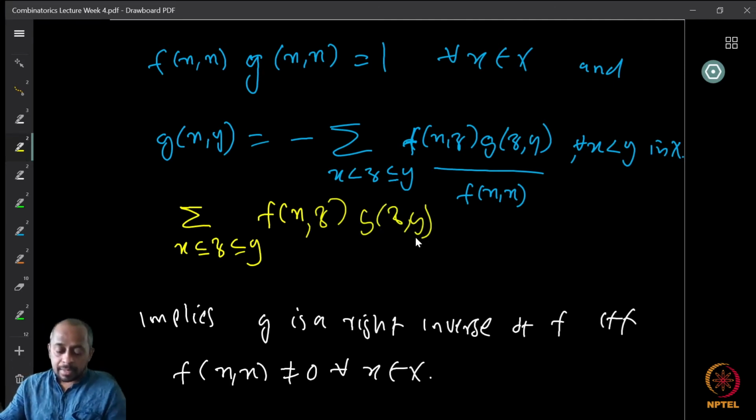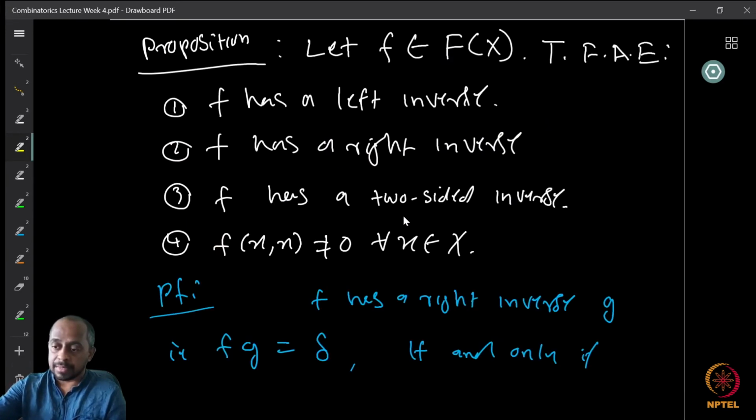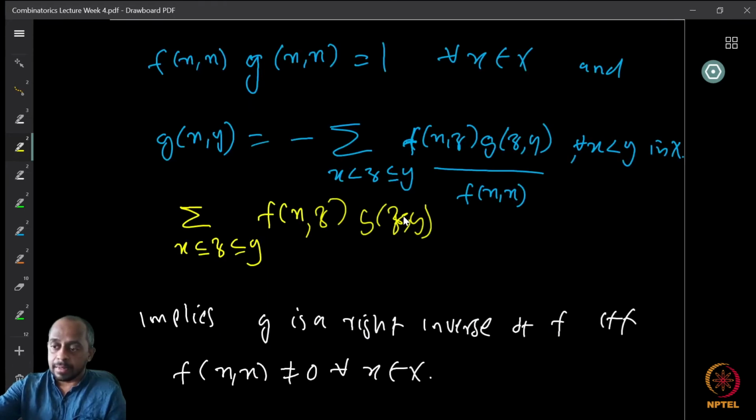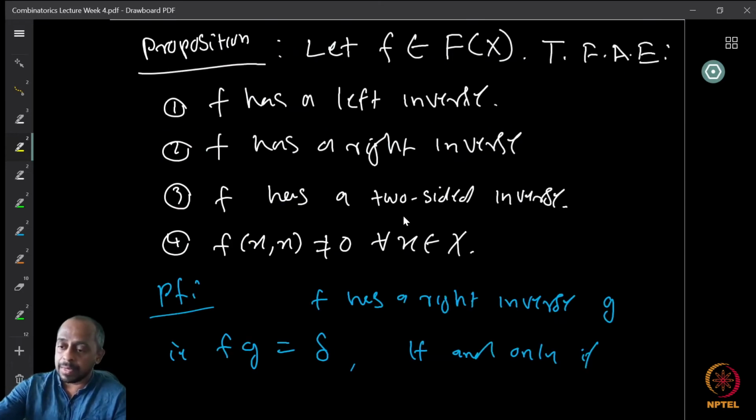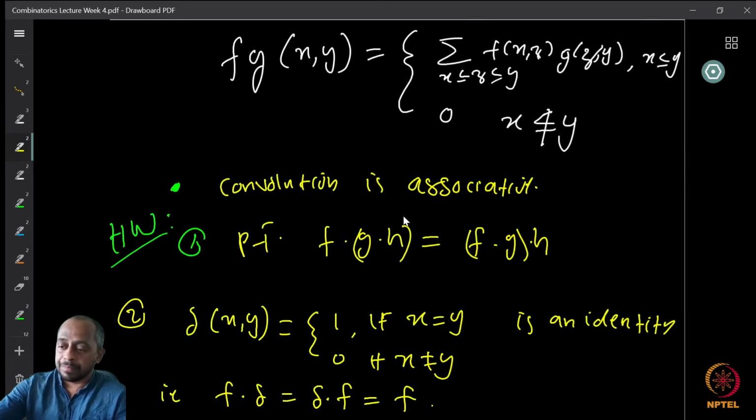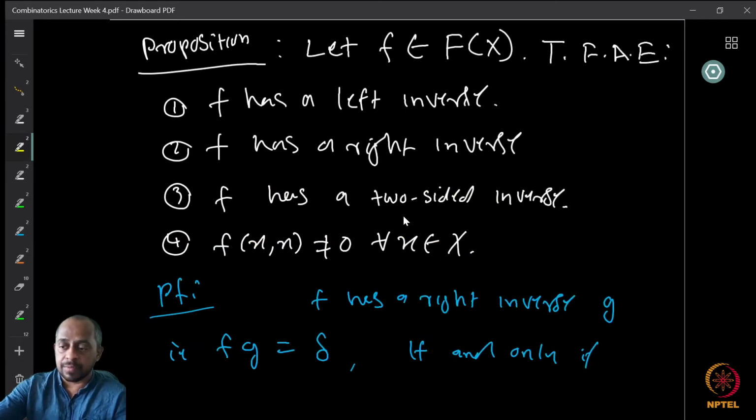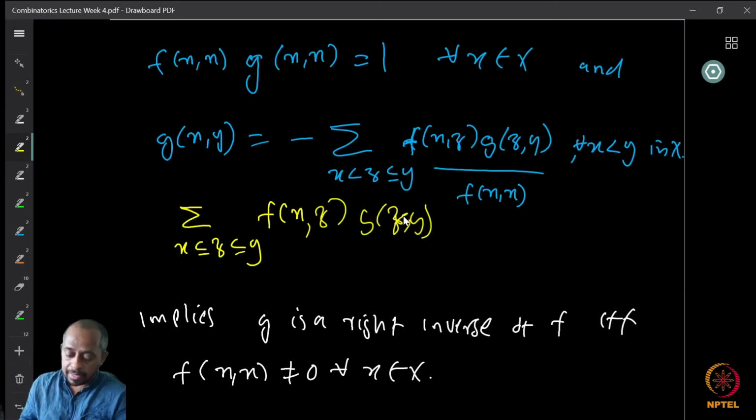This is fg of x comma y by definition of the convolution product. The assumption is that fg is delta. If fg is delta, then fg of x comma y is equal to delta of x comma y. But delta of x comma y is equal to 0 if x is different from y, and therefore if x is different from y, this is equal to 0.